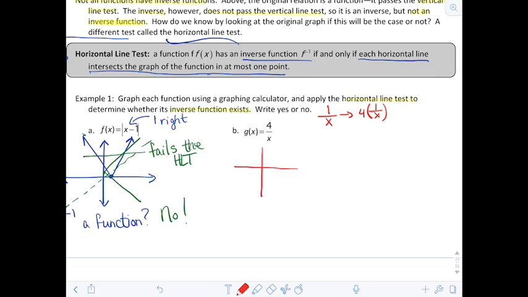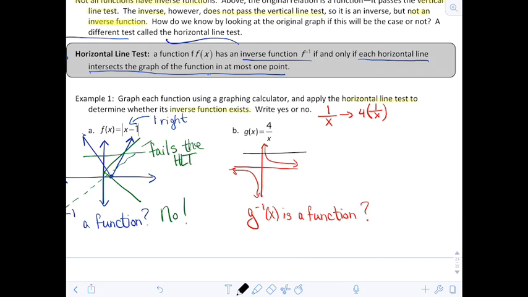So all we need to do, if we just want to see if the inverse is a function or not, we can just sketch this graph. It's going to look something like that. If you used your calculator, that's okay too. So if we want to know whether this g inverse of x is a function, we're going to look at g of x.